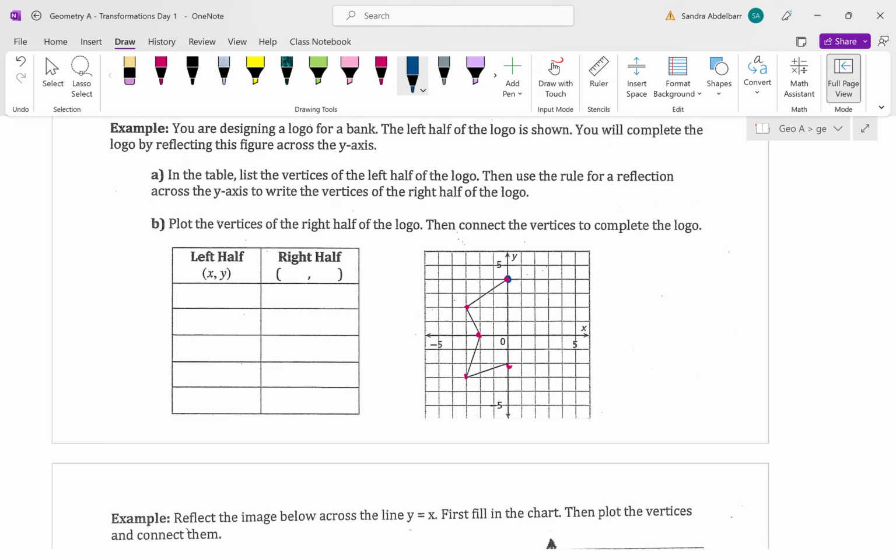Okay, then I have this point, which is negative 4, 2. So now I'm going to create the same image on the other side. So 1, 2, 3, over 3, up 2.